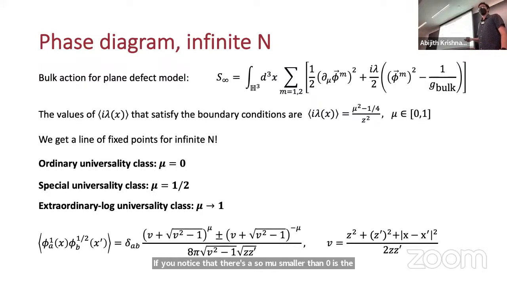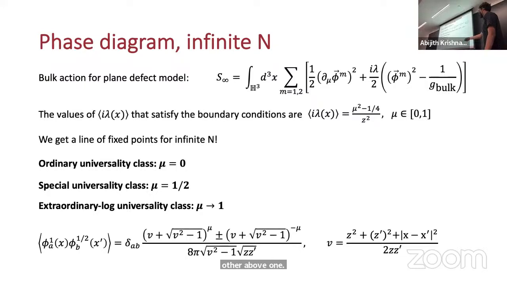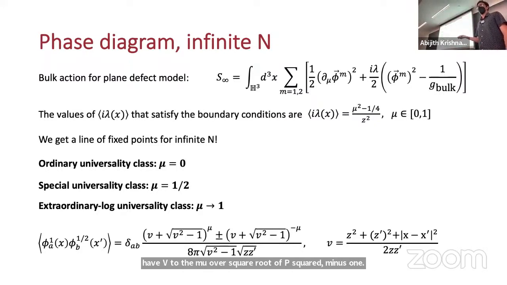Range from minus 1 to 1, but the 1 and minus 1 are identified with each other. Above 1, if you notice here, you have v to the mu over square root of v squared minus 1. And so if mu is bigger than 1, then this diverges as v grows, which is not what we want.